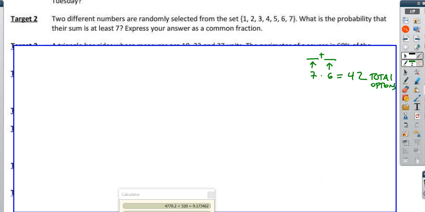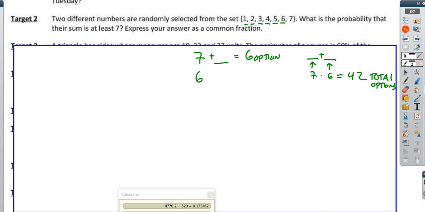First, I said, what happens if the first number is a 7? That means I could add the 6, the 5, the 4, the 3, the 2, or the 1. So I had a total of 6 options if the first number was a 7.